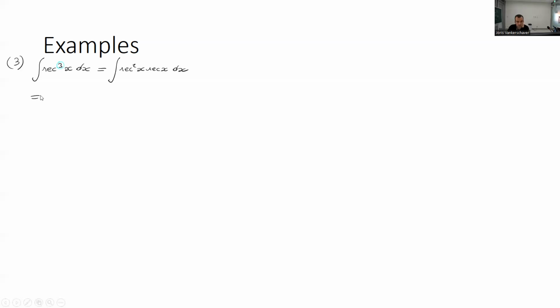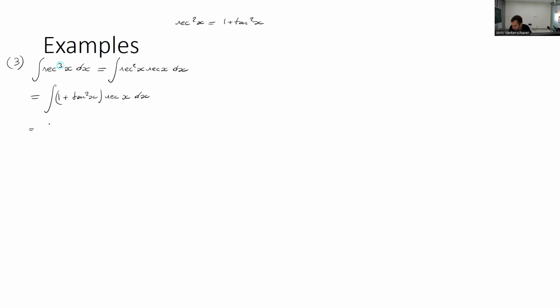And indeed, it does, because now you can use the fact that we've already used a couple of times, that secant squared of x is 1 plus tan squared of x. So you can write our integral also as the integral of 1 plus tan squared x times secant x dx.